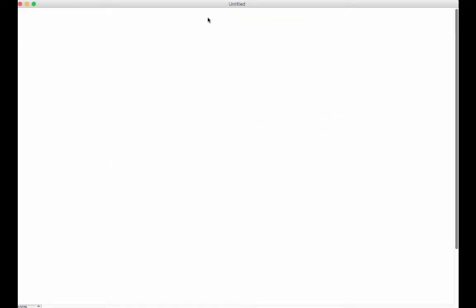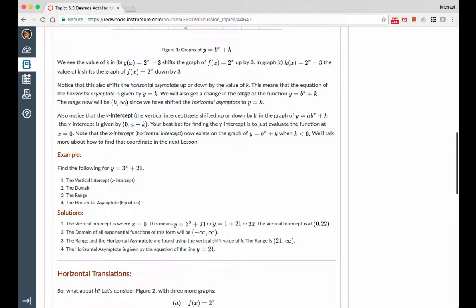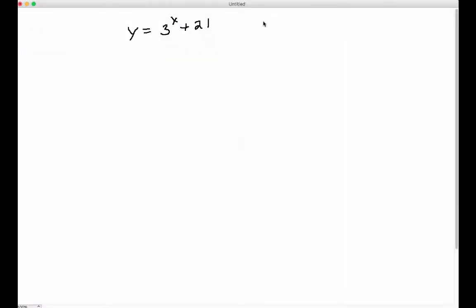So we see that our function is y equals 3 to the x plus 21. The first thing they ask is to find the vertical intercept. Remember that the vertical intercept is the same thing as the y-intercept, which is the same thing as saying x is equal to 0.